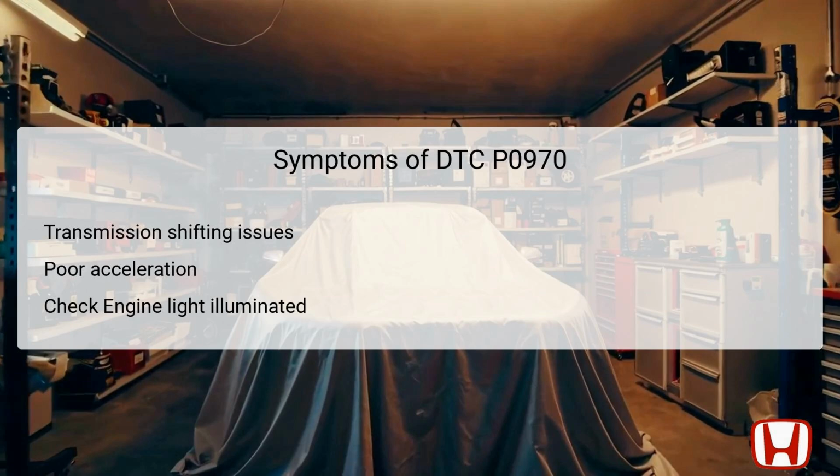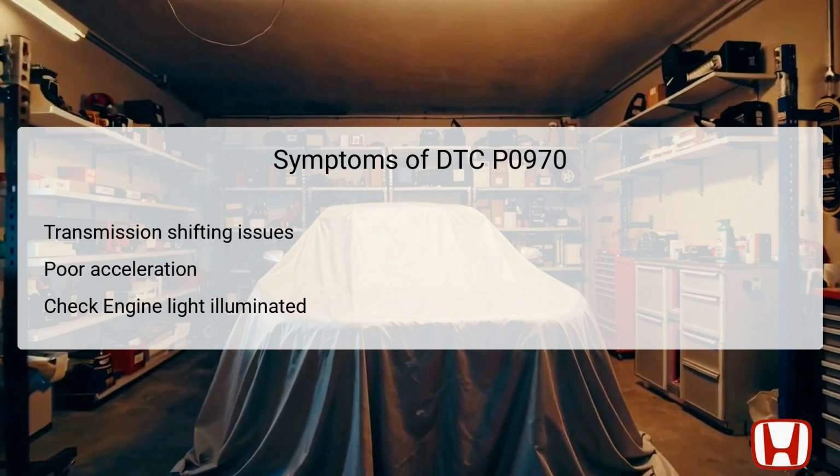Identifying the symptoms associated with DTC P0970 can provide critical insights into the vehicle's condition. Drivers may experience transmission shifting issues, such as hesitation or jerking during gear changes, caused by improper clutch pressure. This can impact overall vehicle performance, leading to poor acceleration and reduced power output during driving.